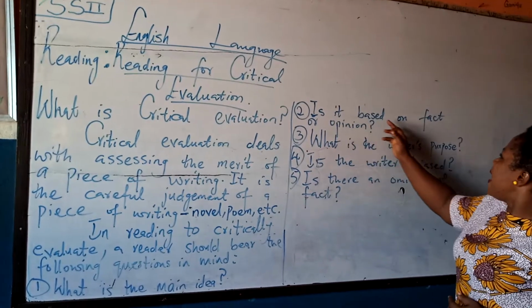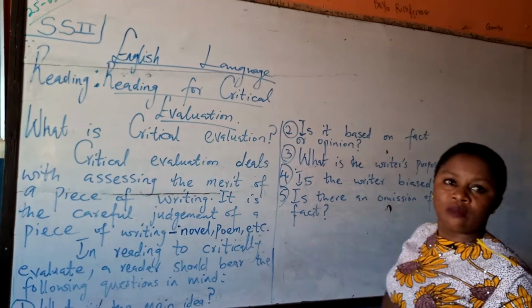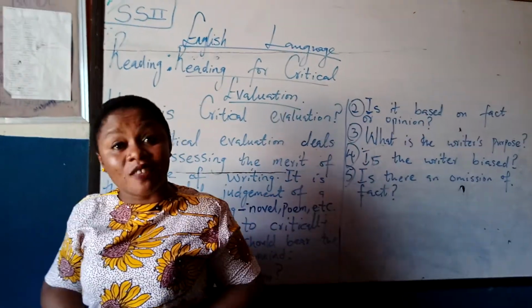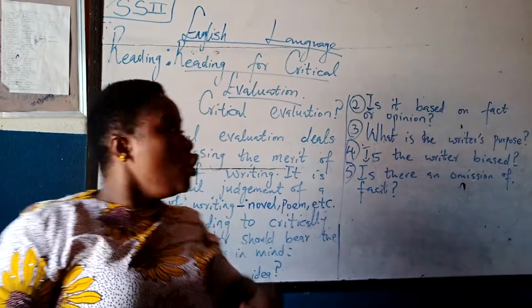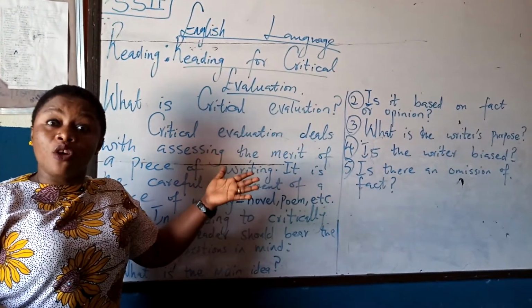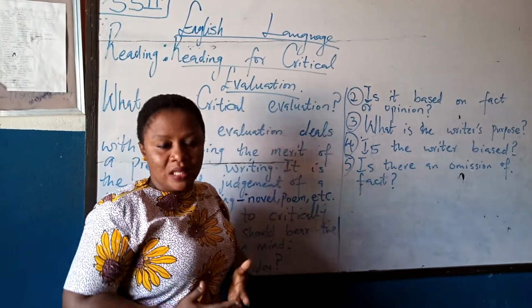Secondly, you may ask, is it based on fact or opinion? A particular piece of writing may be based on the writer's opinion, that is, viewpoint, or the writer may write based on fact, that is, based on things that are real, and in such a case, we can debate such things.